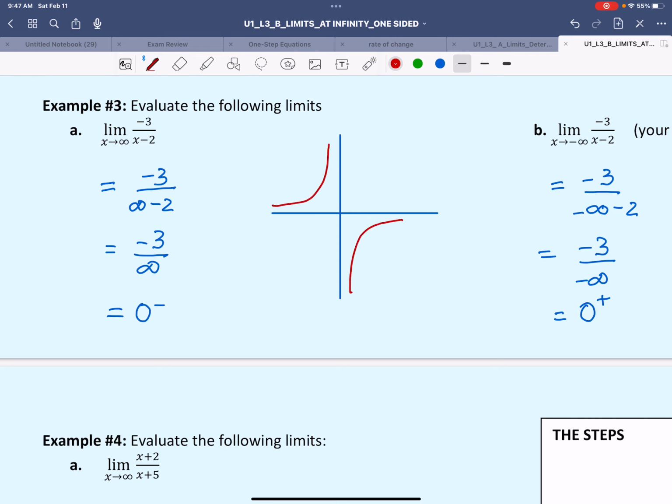When x approaches positive infinity, you will see that the graph will approach the x-axis from below, and this is where the y values will be close to 0, and since we're below, 0 minus, so that makes sense. And similarly, when x approaches negative infinity, the graph is getting very close to the x-axis from above it, and on the x-axis we know the values of y are 0, and since it is above, it is 0 plus.